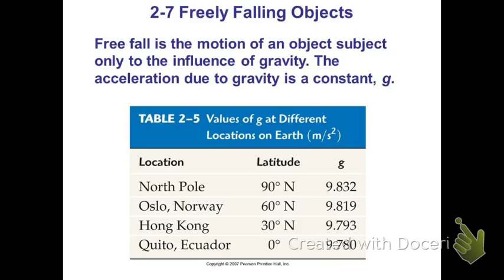For example, at the Equator it has a least value of 9.78. At the North Pole it is largest. On average, it is usually taken as 9.81 meters per second squared. These values are different because of the rotation of the Earth.